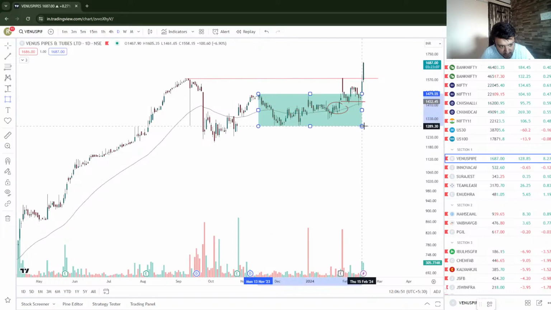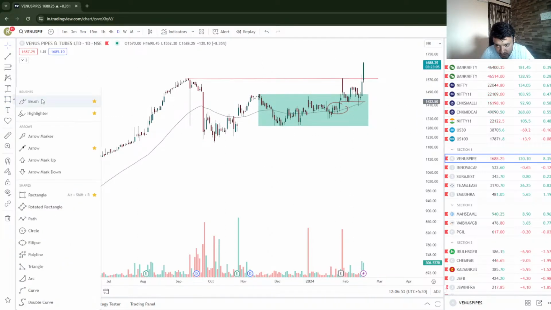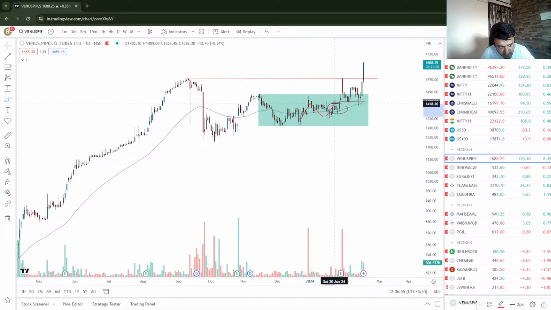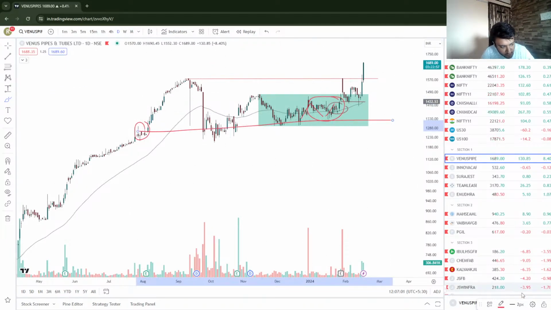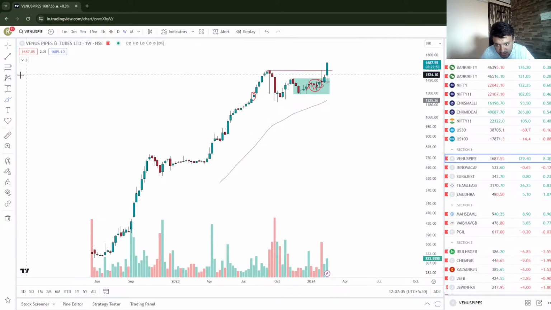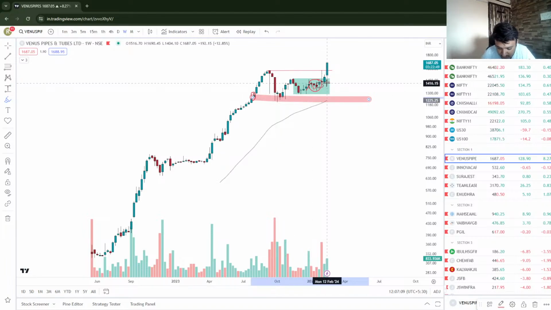But look at this one. It was getting smaller and smaller, building up on this weekly demand. The weekly trend was also obviously up. This was your tiny weekly demand right here, and this entire build-up was around that weekly demand. And then you find your entry points.